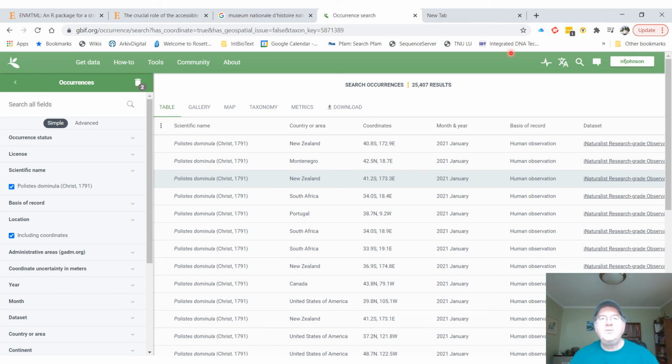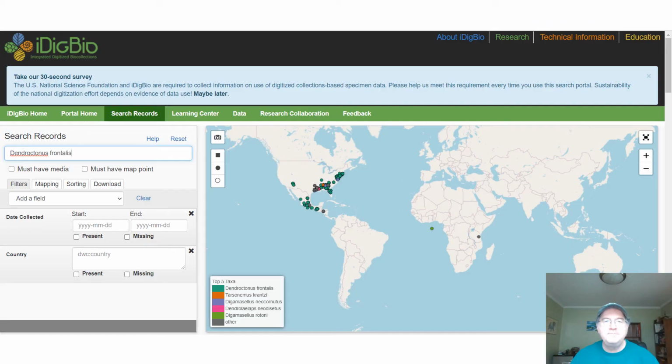So 25,407 records of Polistes dominula from around the world. And most of the major insect collections have at best a small fraction of their total specimen holdings digitized. So this number will increase dramatically as efforts at digitization, that is capturing the data in digital form, continues.